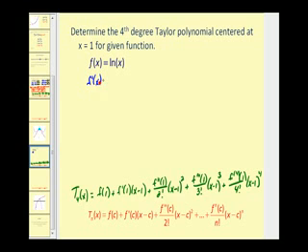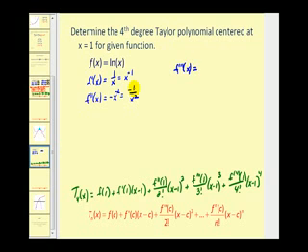F prime of x would be equal to 1 over x, which remember is equal to x to the power of negative 1. So the second derivative would be equal to negative x to the negative 2, which would be negative 1 over x to the second.